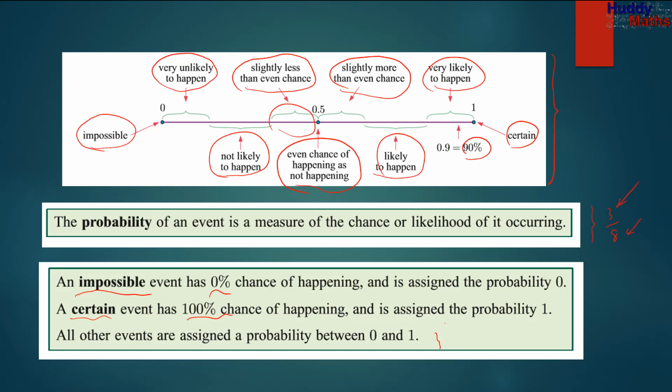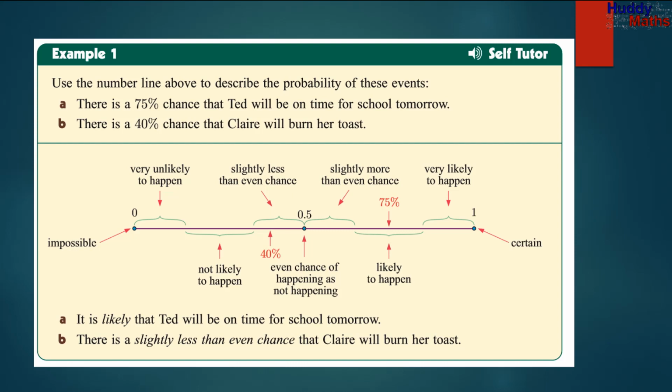All right, let's go on now. Let's do an example and see if you're any good at this stuff. Using a number line, we're going to describe this event as a 75% chance. So where is 75%? 75% is here. So it's in the likely to happen range there. What about 40%? Let's find 40%.